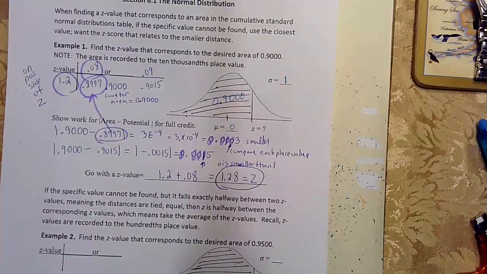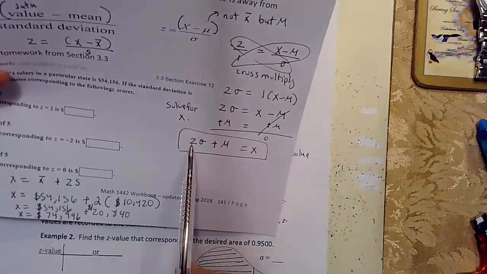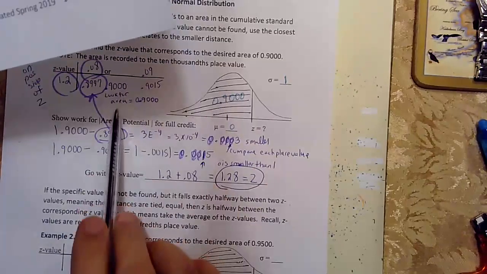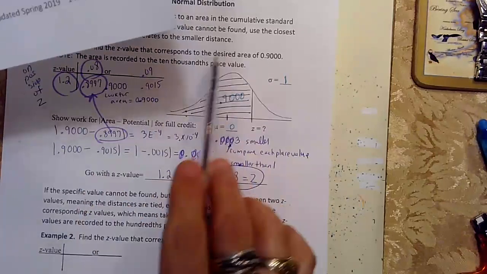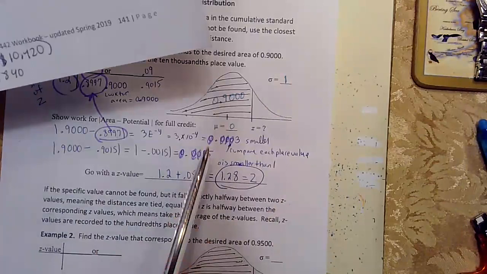When we do that, we're going to relate to this. We're going to try to find x, but before we find x, we need to find z. And in that problem, the area is 90% or 0.9, and the z will be 1.28. So then I'll save time. I'll say, remember this problem, we found z for this area to be 1.28.